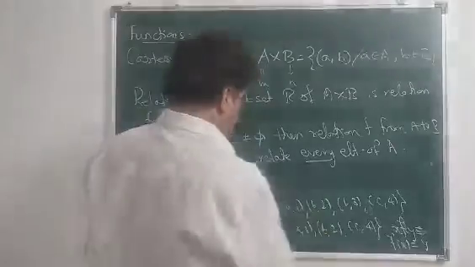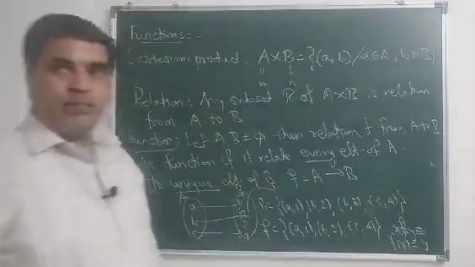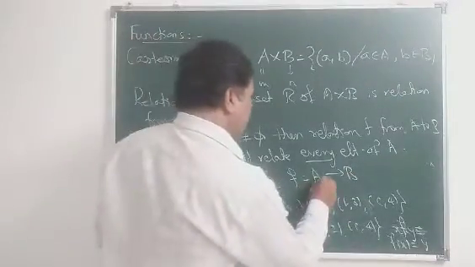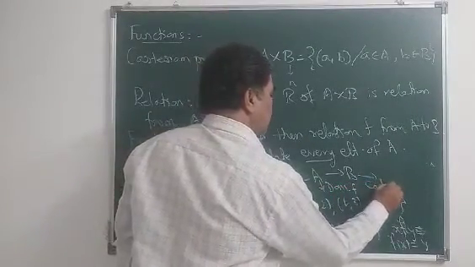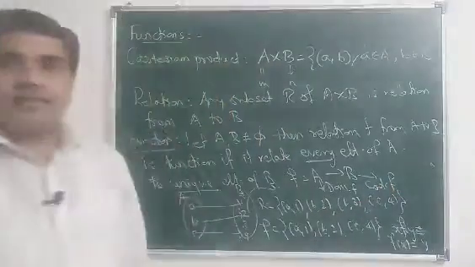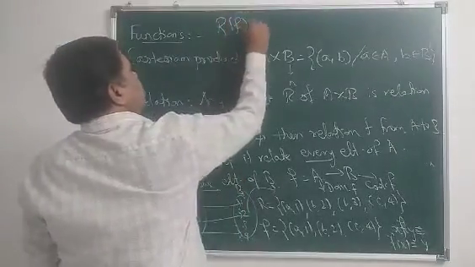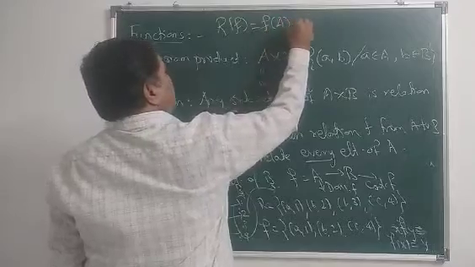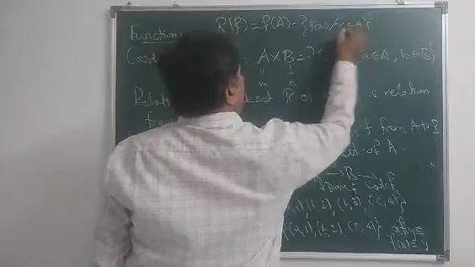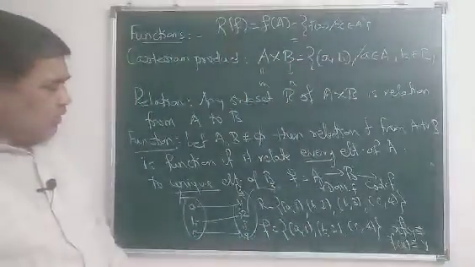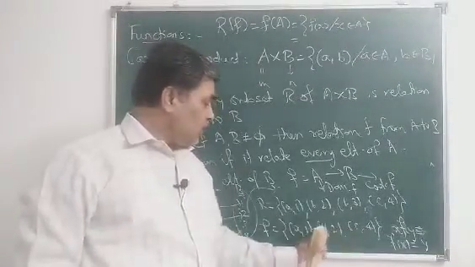Moreover, if f is a function from A to B, then we write f from A to B. This is the notation for function. For this function, A is called the domain of f, B is called the codomain of f. Then what is the range? Range of f is equal to f of A. It is the set of fx where x is in A. So if I take that in ordered pairs, f of a is 1, f of b is 2, f of c is 4, means 1, 2, 4.